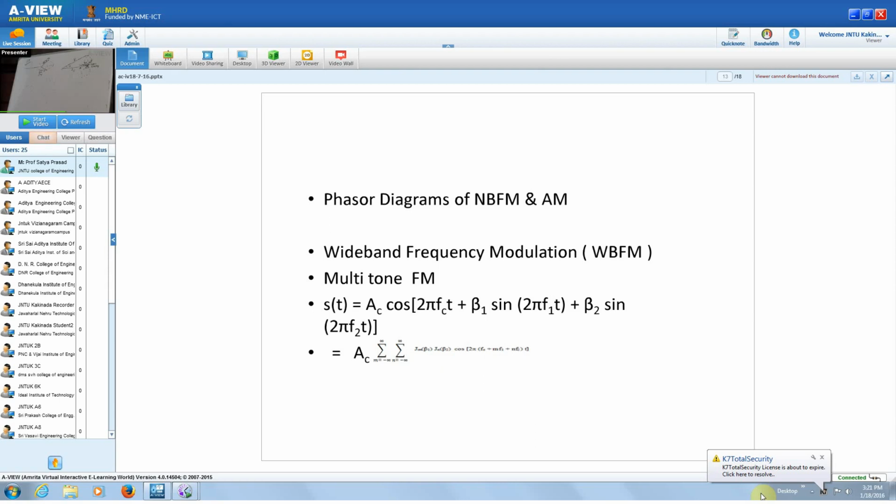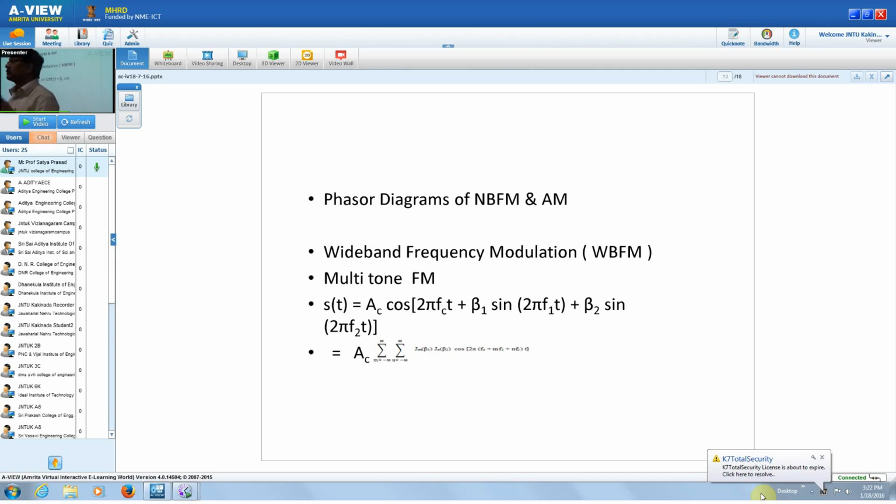So that your cos of beta sin omega m t cannot be equal to 1 now, because beta is large. So depending on the beta value, the cos theta value is going to change. Therefore, we are going to get different Bessel coefficients. So all those will be combined. That means you are going to get basically an infinite number of sideband frequencies, J0, J1, J2, J3, Jn up to J infinity.